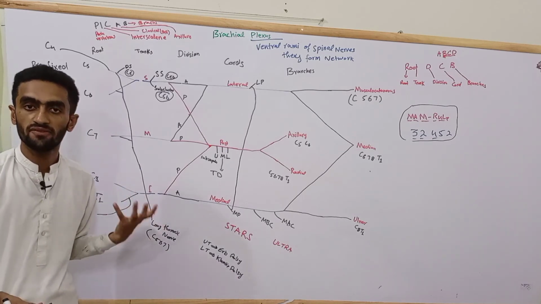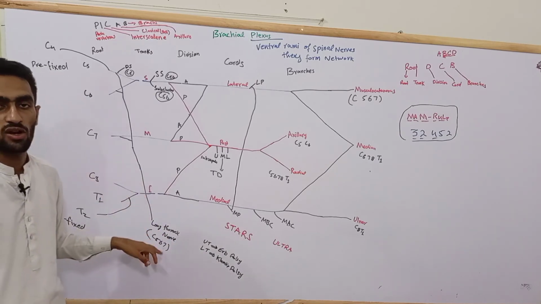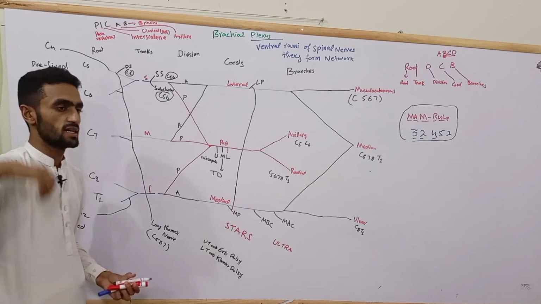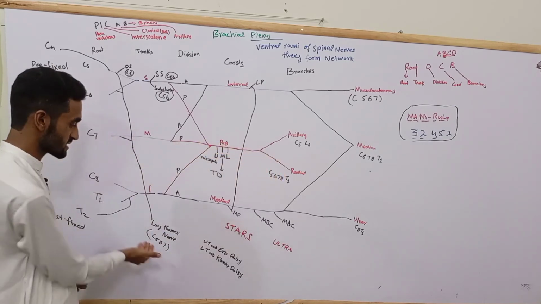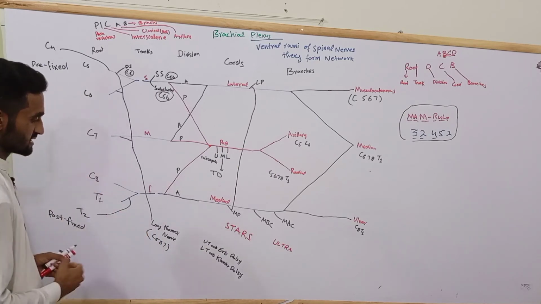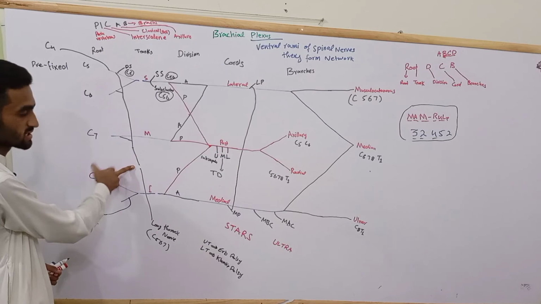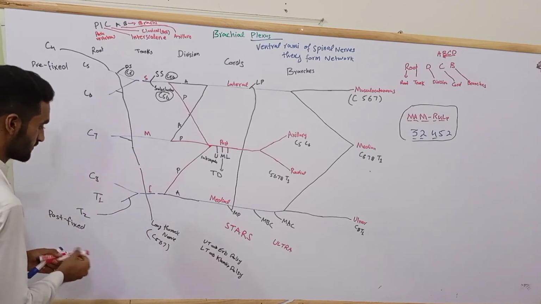Which is associated with the winged scapula, or winging of scapula, that is associated with the long thoracic nerve. So the punching muscle, which is serratus anterior, is supplied by the long thoracic nerve. When this nerve is injured at this point, we call it the winged scapula.